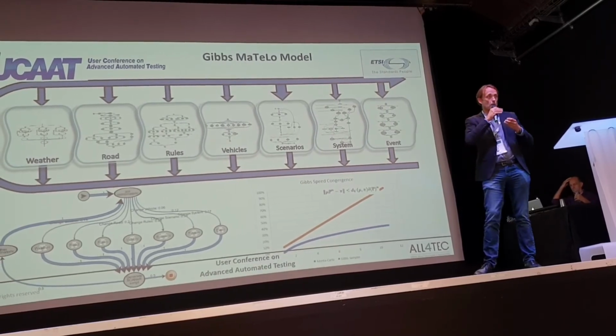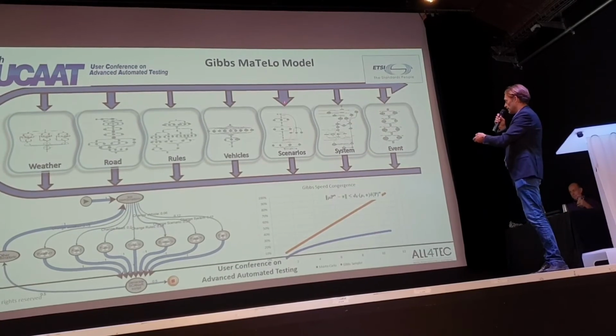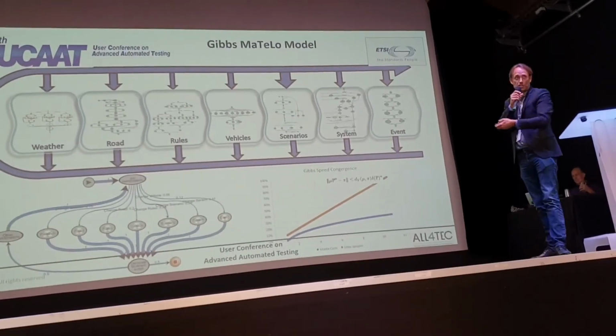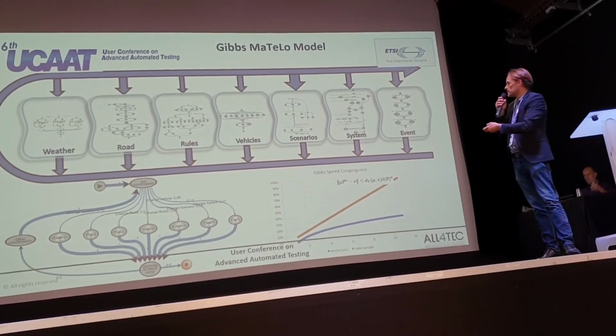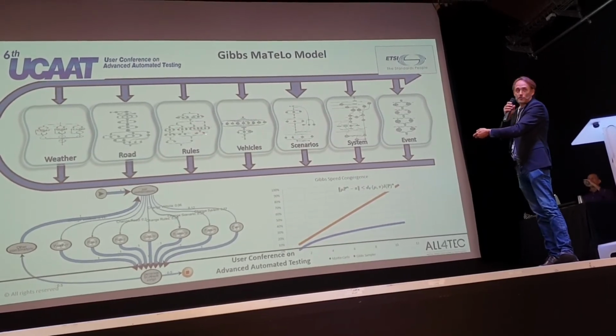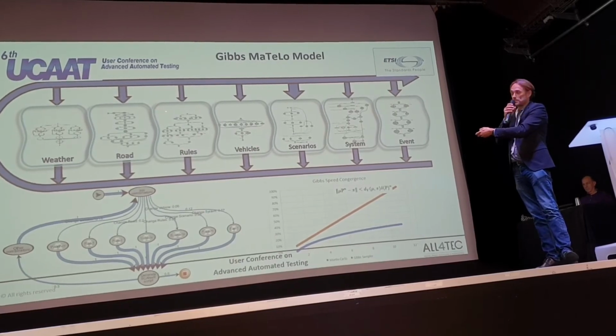So if you want more combinatorics only on scenario, you will have an arrow with more probability here, and you have more chance to have combinatorics on scenario than on rules.